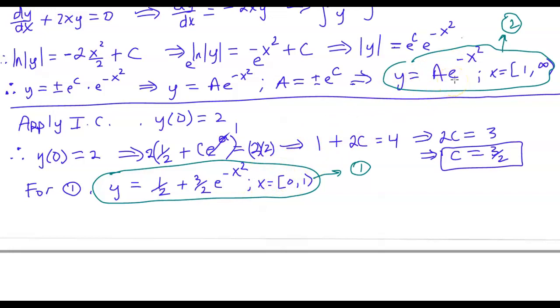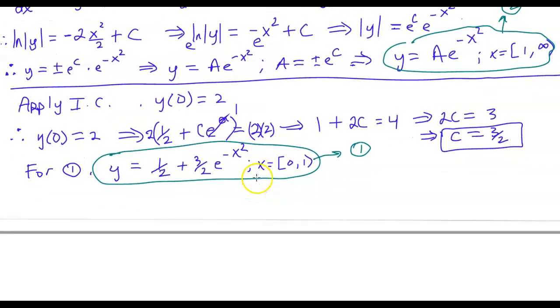And we need to ensure that this particular function here is going to be continuous. So what that means is we're going to have to find a value a here such that whenever x is equal to 1, it's going to be equal to the same as the limit of this particular function as it approaches 1. But that's coming from the left.